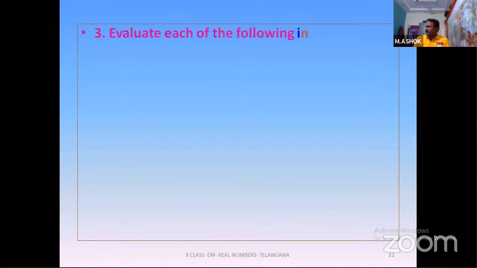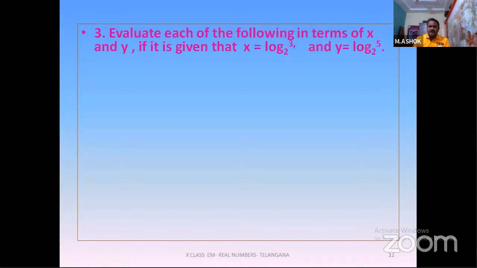Now comes the third sum. Evaluate each of the following in terms of x and y, if it is given that x is equal to log 3 base 2 and y is equal to log 5 base 2. You have to write in terms of x and y.